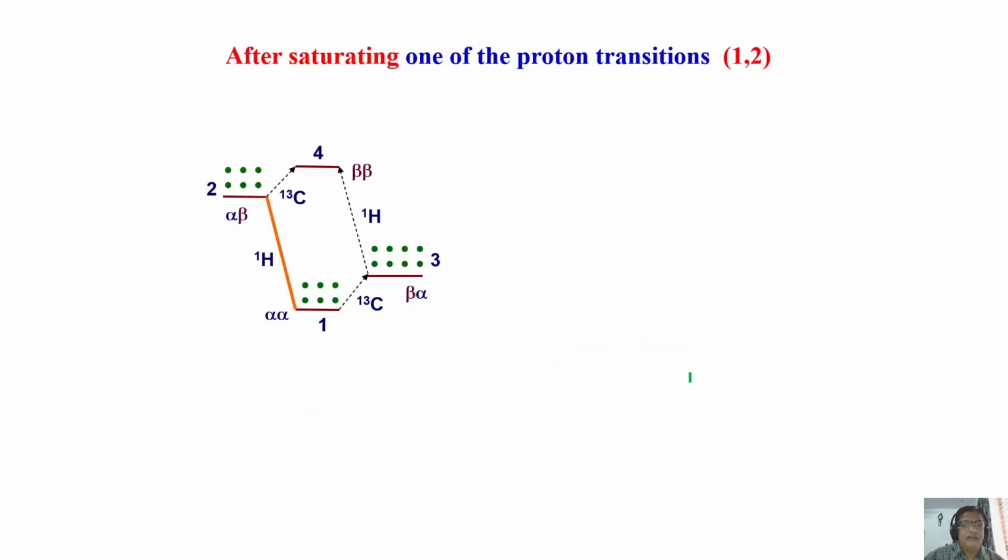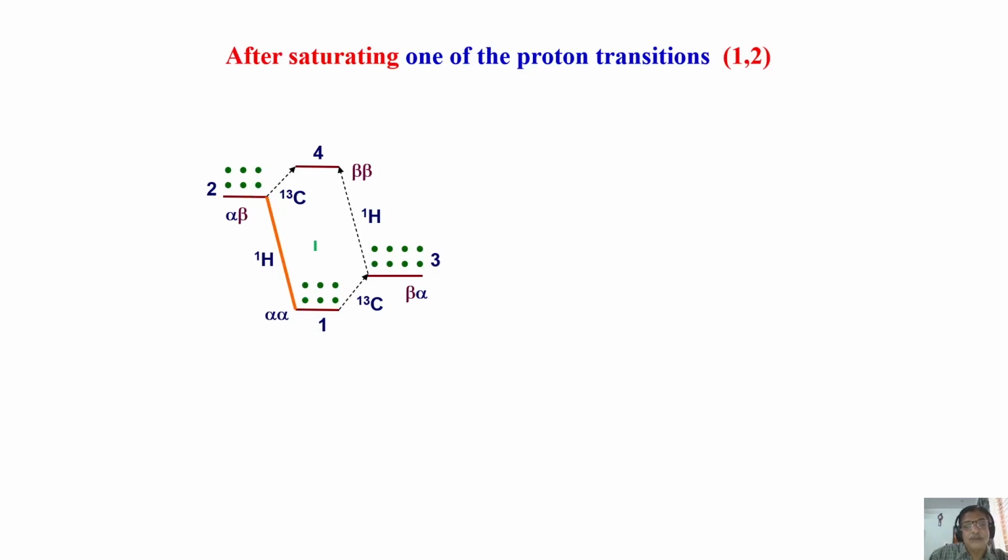We also observe what happens if I saturate one of them. We saturated this proton peak, because we are transferring magnetization from proton to carbon. So we saturate proton and see what happens on carbon. We saturated this signal, especially this peak, 1 to 2.